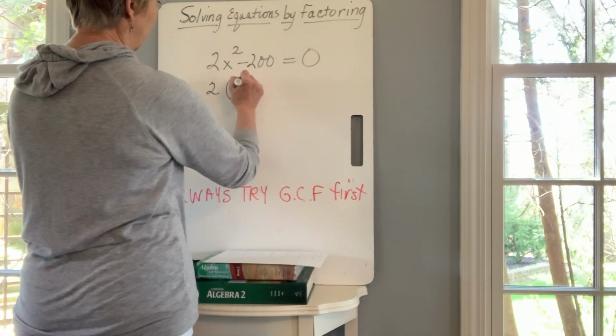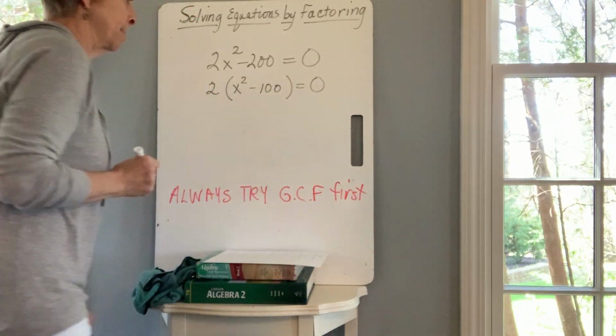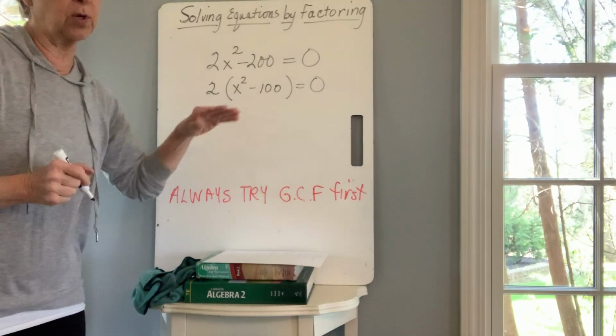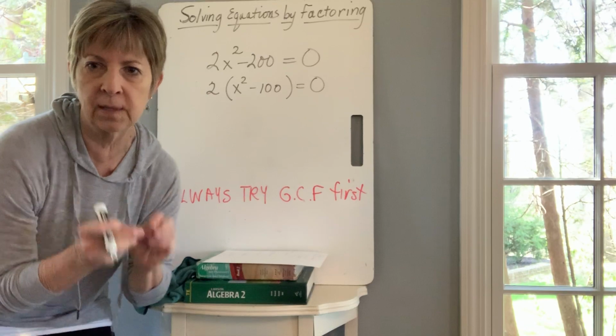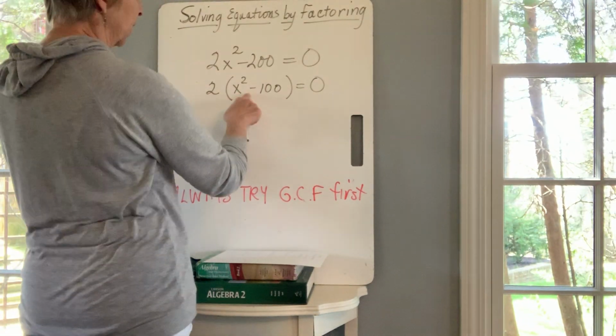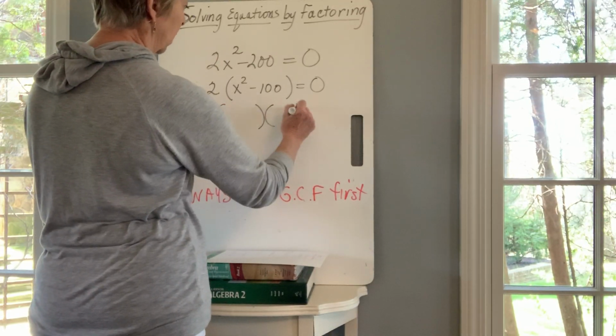And that's going to leave x squared minus 100 equals 0. Remember, when you take a GCF out, you have to look at what is in the parentheses and say, can I factor this again? This is the difference of 2 squares.